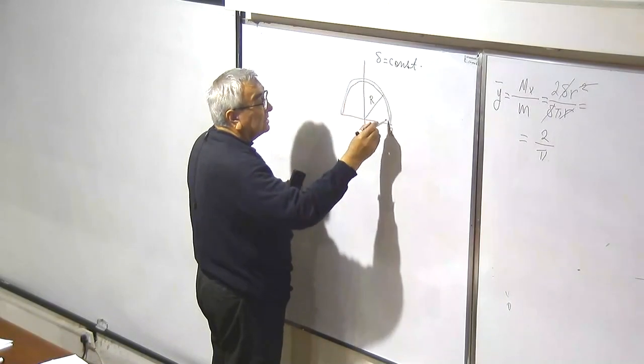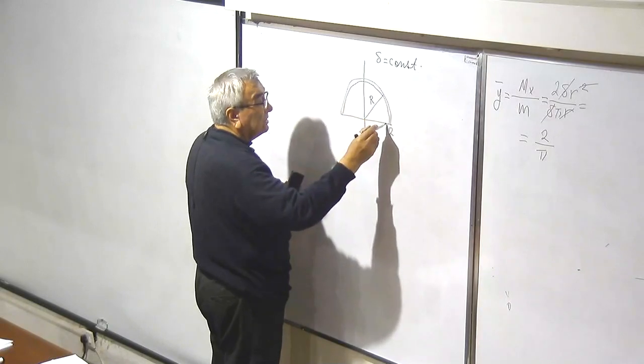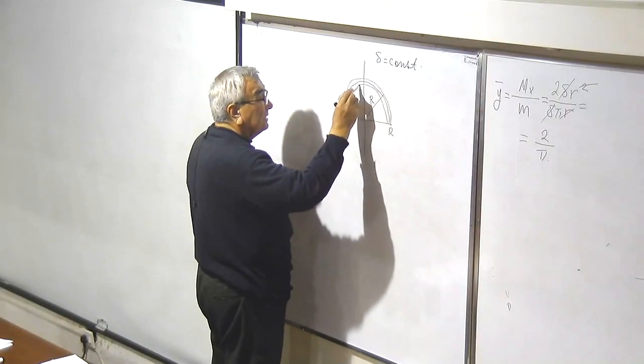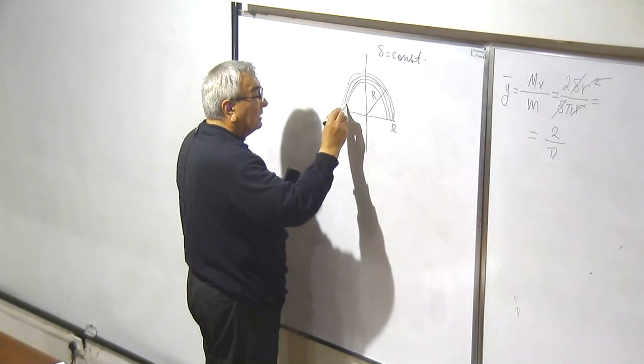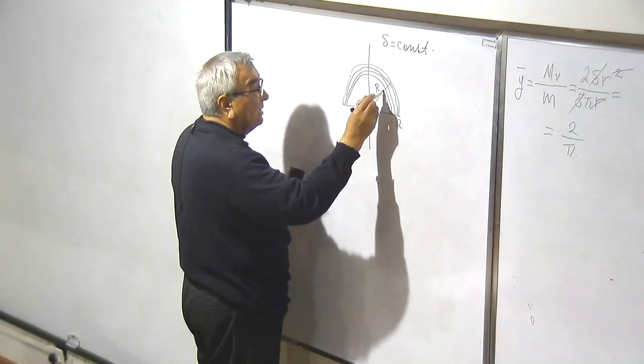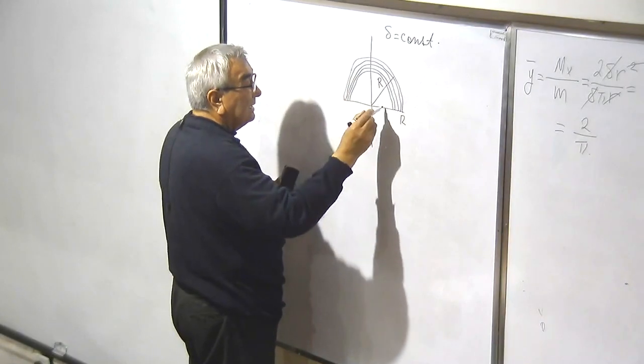Now this is because this radius, you will take this radius r, like this. Because I know where is placed the center of mass of these wires.